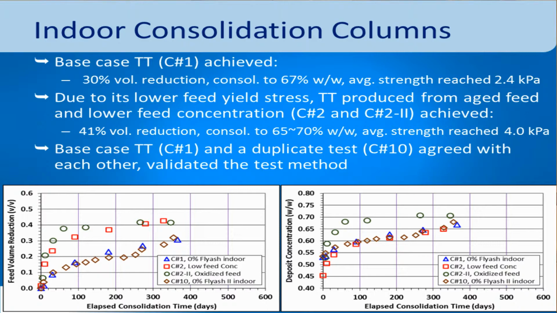As you can see, the volume reduction rate is slightly different, but at the end, the total solids concentration is very close. We also conducted a base case, and for the base case we were not sure one test was enough, so we ran a second duplicate test with exactly the same conditions in a different column, which reached very close results, and that itself validates the method.